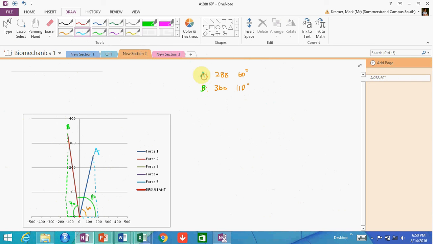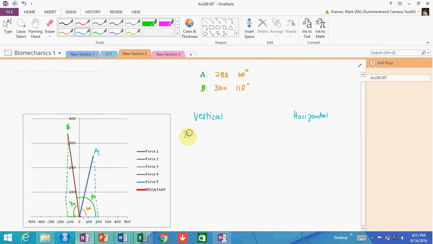This is vector A. Okay, so if I deconstruct everything into vertical and horizontal components, I'll do all my vertical maths first, then I'll do all my horizontal maths. That's just the way I prefer it, it can be up to you. So for vector A, the vertical component is always the magnitude of the force times the sine.